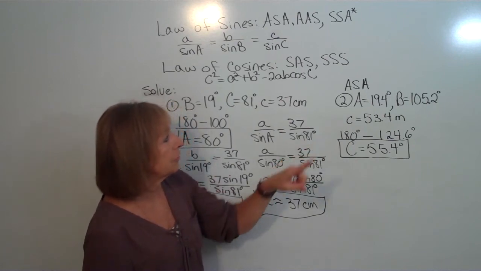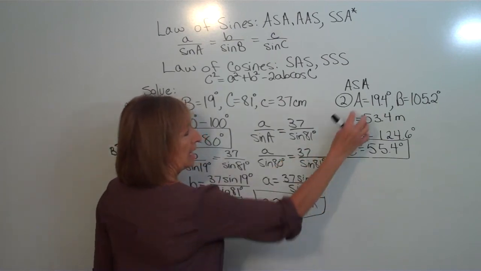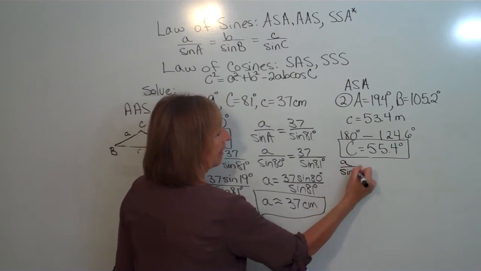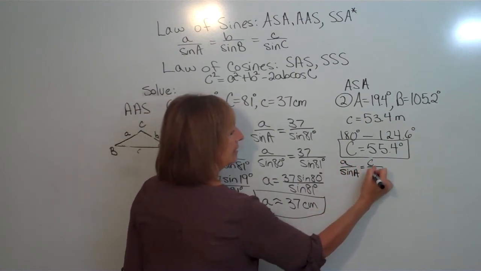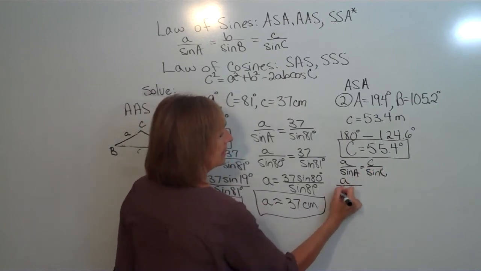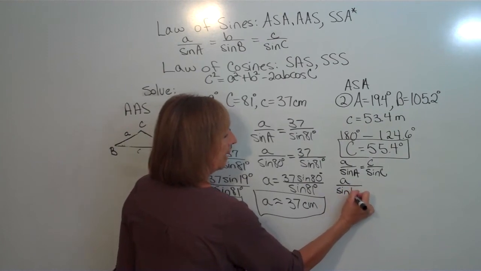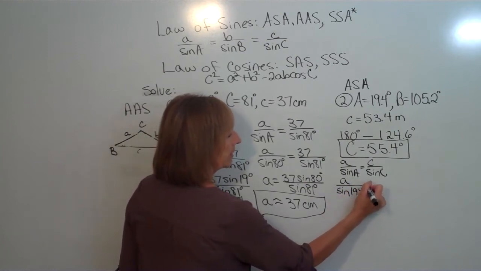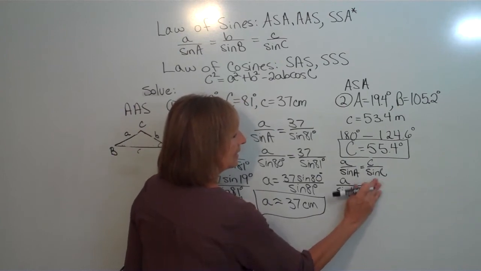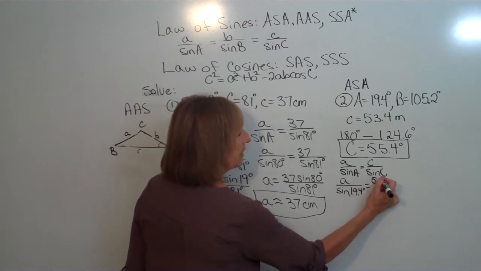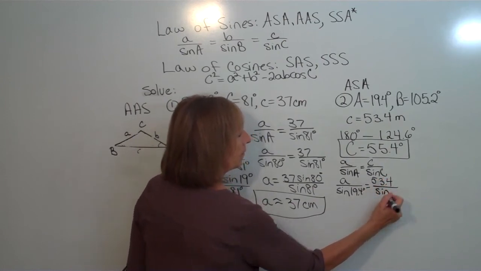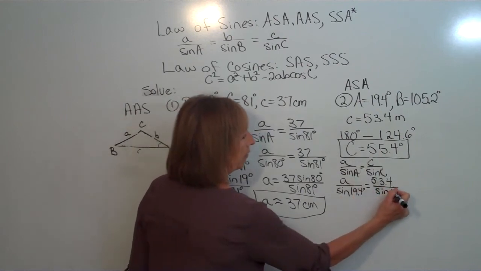The first one we're going to do is find side A. So A is to the sine of A as C is to the sine of C. So A is to the sine of 19.4 degrees as 53.4 is to the sine of my angle C, 55.4 degrees.